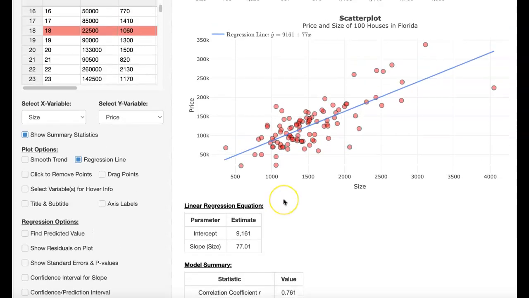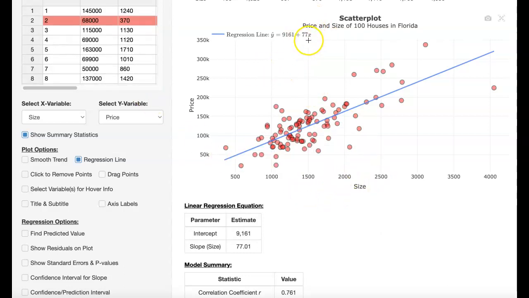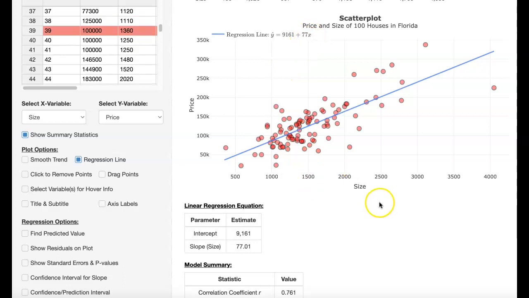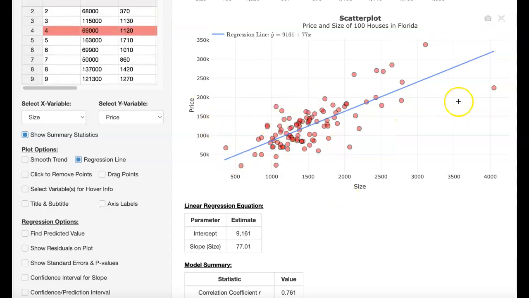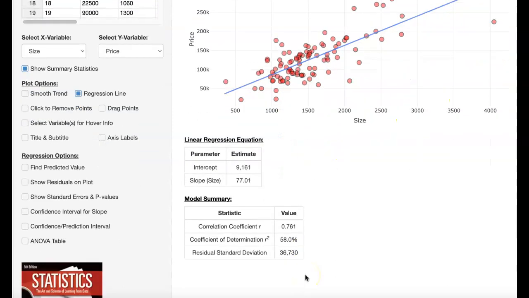In this case, the slope means that the price increases $77 for every 1 unit rate. This is for every 1 square foot increase, the price increases by $77. So you can imagine if you have a 100 square foot increase, you can then estimate the increase in the house price. That's again on average based off of the distribution of the two quantitative variables.